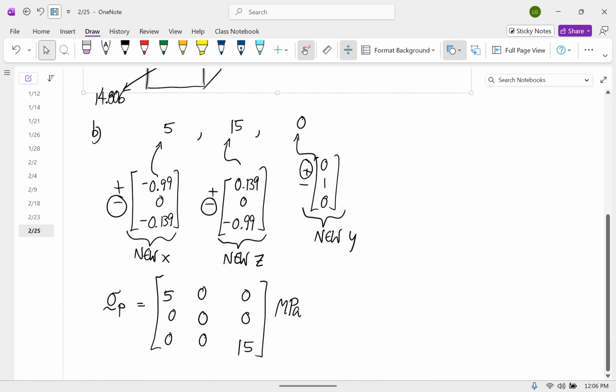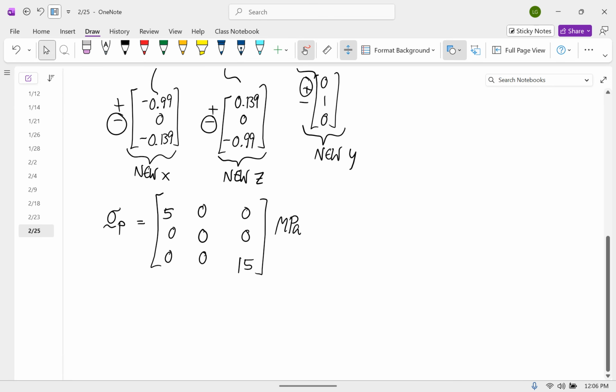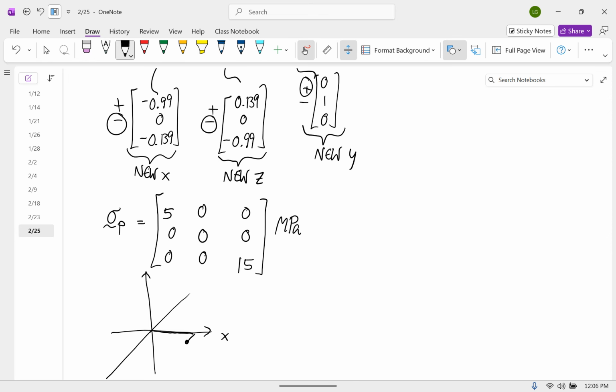Now we want to draw the corresponding coordinate system. So if this is our old coordinate system, our new one is like this, with just a barely, okay. The red is my new coordinate system.